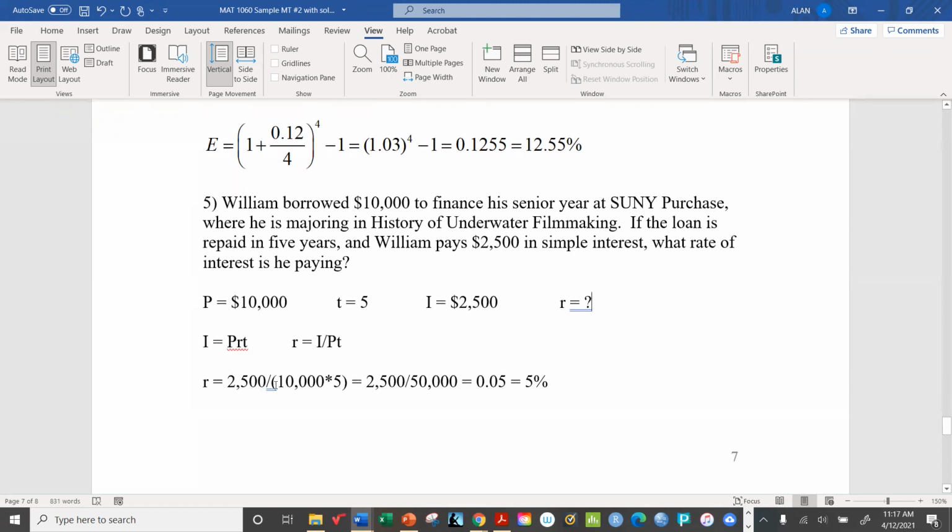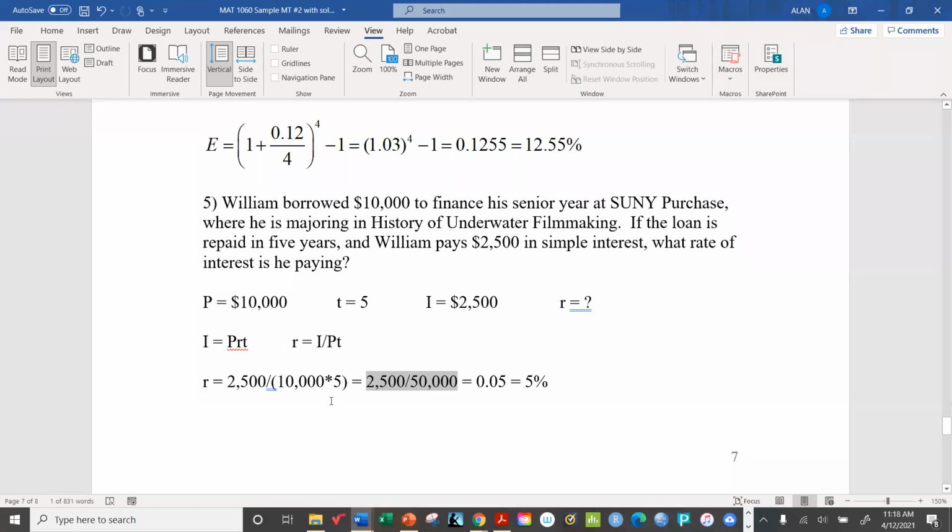If you're going to write it out directly like this, substitute in 2,500 for I, P is $10,000, and the time is 5. You can do one of two things. You can use parentheses in the denominator, or else you can simplify the denominator first, and then you can easily calculate 2,500 over 50,000. That turns out to be 0.05, which is the same thing as 5%.